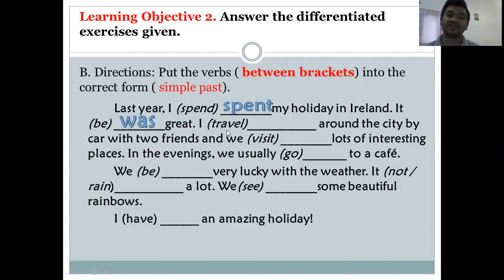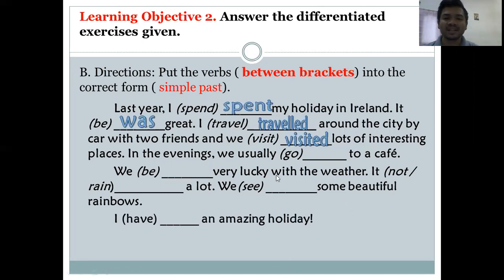Now travel is a regular verb. Therefore, we will say, I traveled around the city by car with 2 friends and we visit. What is the simple past form of visit? Okay, very good. You will say visited. So we visited lots of interesting places. In the evenings, we usually go.